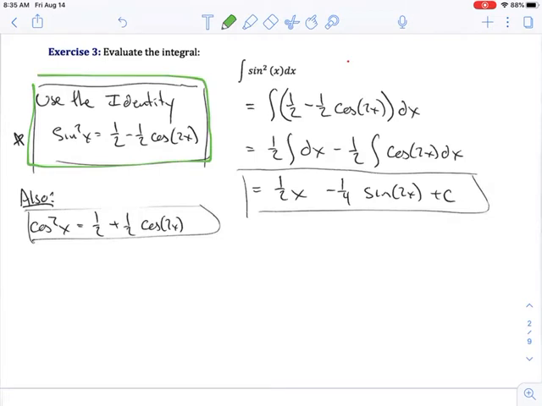So you will remember one of your trig identities. I believe they're the double angle identities. And so you have the sine squared of x is equal to 1/2 minus 1/2 cosine of 2x.